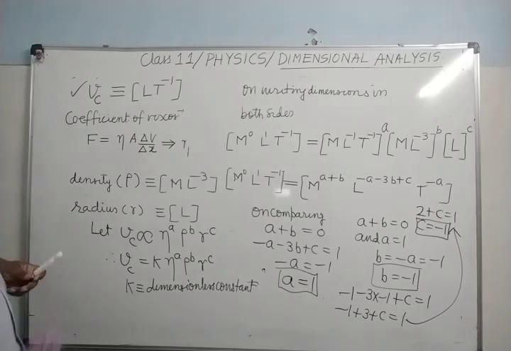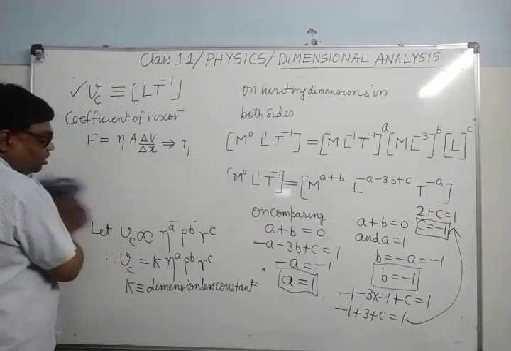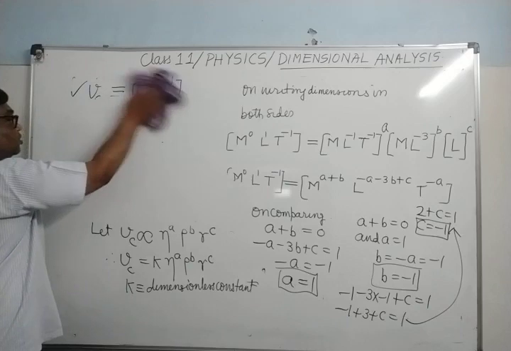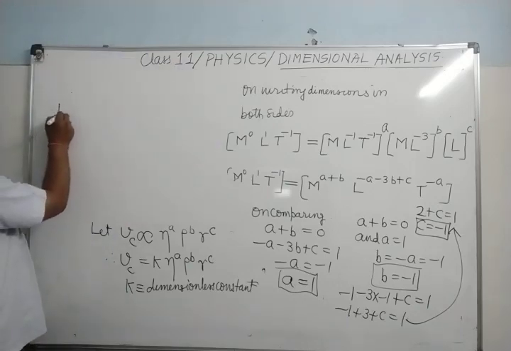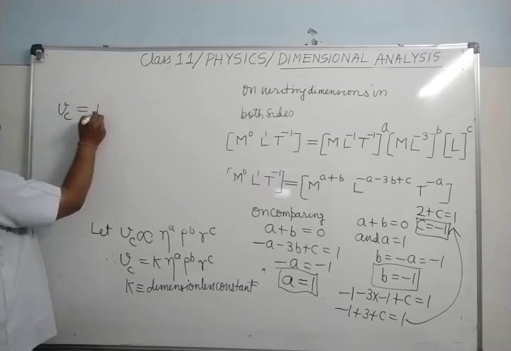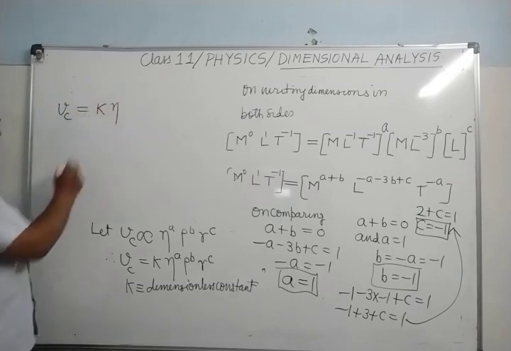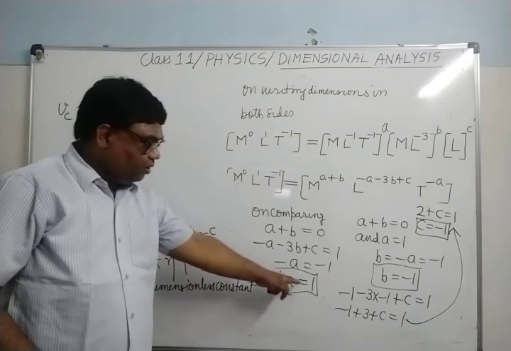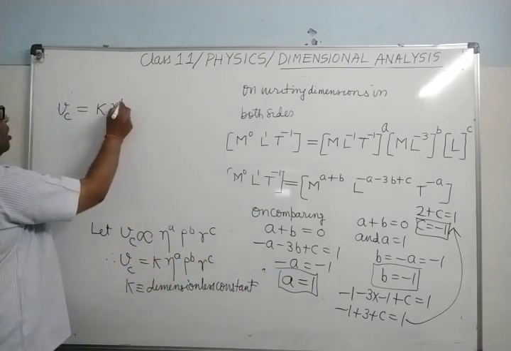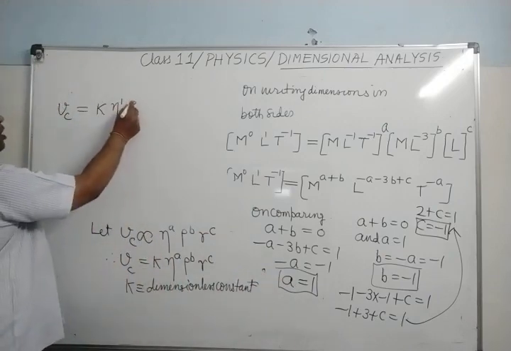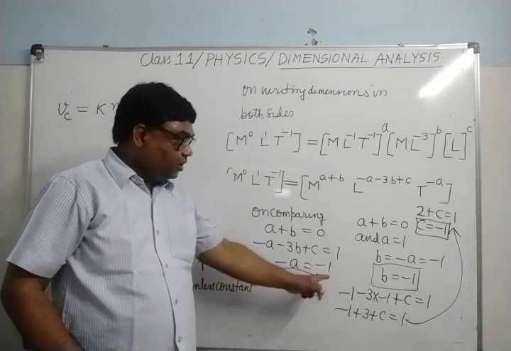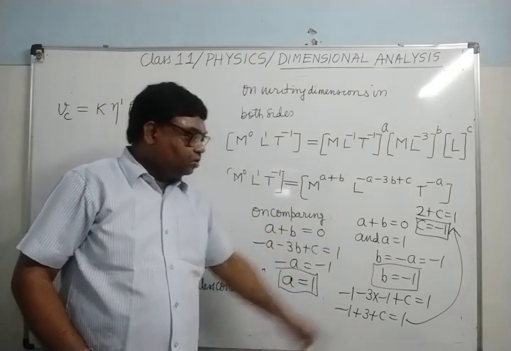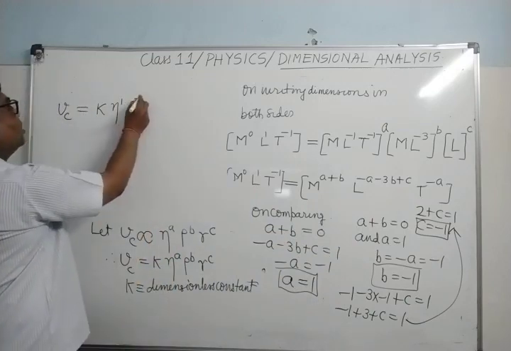Now you substitute here. On substituting, what will be the formula? So Vc equals K eta to the power a. What is the value of a? 1. Rho to the power b. Rho is given here, and b is minus 1.